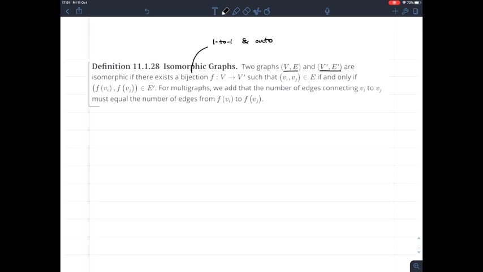So our two graphs are isomorphic if we can find a 1 to 1 and onto function mapping one to the other, such that if we have an edge in the first set, then when we take the function that maps vertices to vertices, we end up with an edge in the second set. For multigraphs, we can add that the number of edges must be equal to the number of edges in the mapped graph.